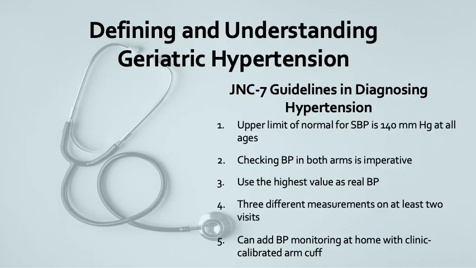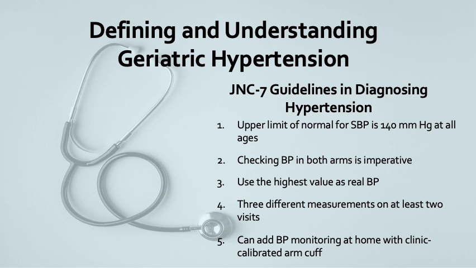The upper limit of normal for systolic blood pressure is considered to be 140 millimeters mercury at all ages. Checking blood pressure in both arms to assess for subclavian stenosis from atherosclerotic vascular disease is imperative, and using the highest value as the real blood pressure is a standard of care.